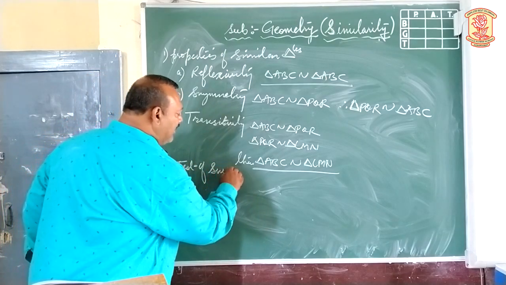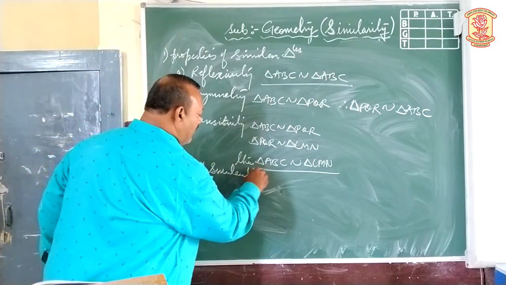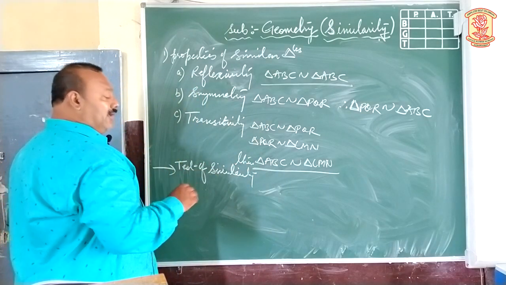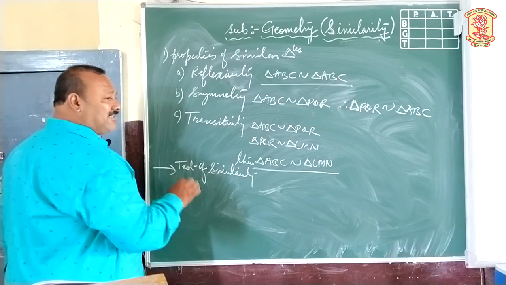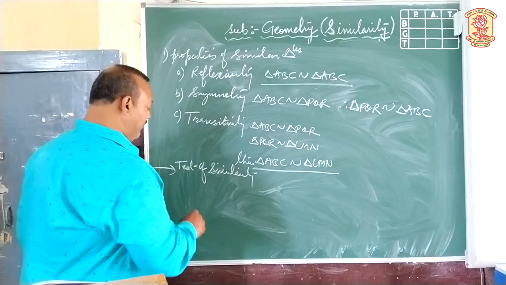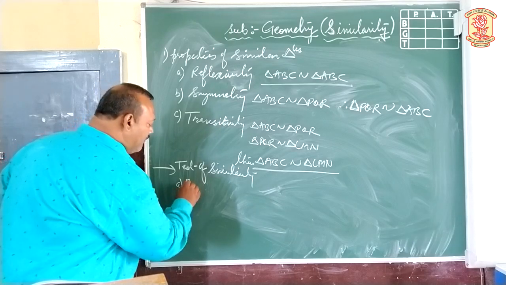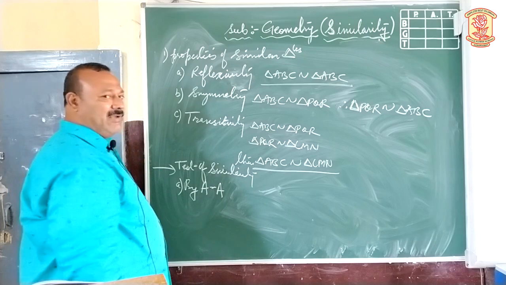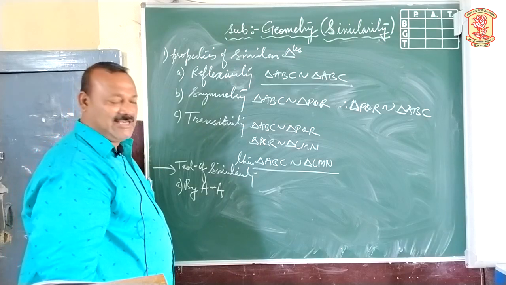Test for similarity. Now, by which test can we say that two triangles are similar? First, by the AA test. AA test means the angle test.